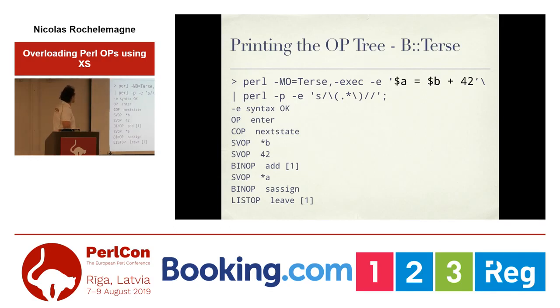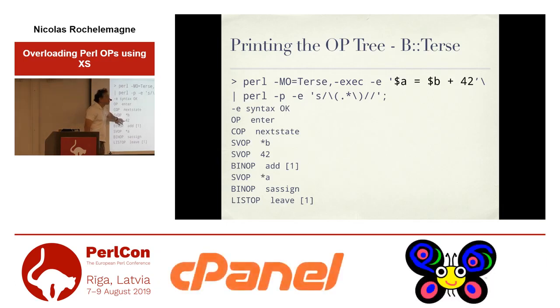Mainly what we can see is that we start our program, we push the GVB on the stack, we push 42, like Polish calculators, and then we use the add function, we add these 2 terms, we push $a on the stack, and we assign the value to the GVA, and we leave.